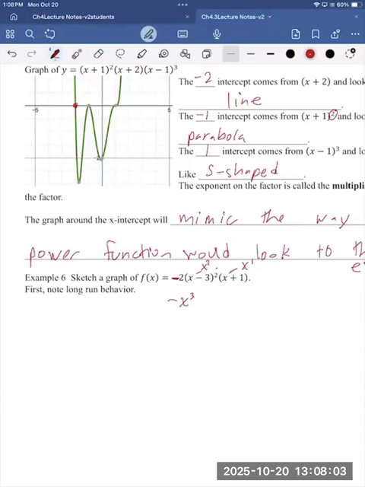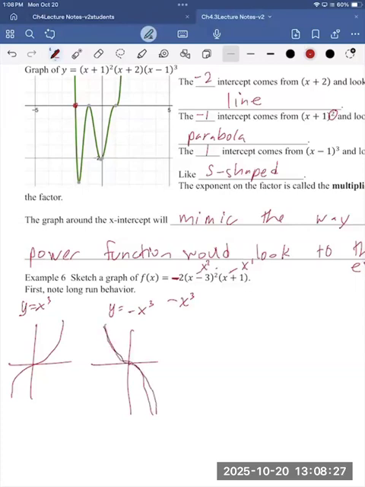I know y equals x to the third looks like an S shape, an increasing S. Then this function is going to be something like negative x to the third, so I'm going to flip it and it'll be like a decreasing S. Now I know that's the general format of this graph.